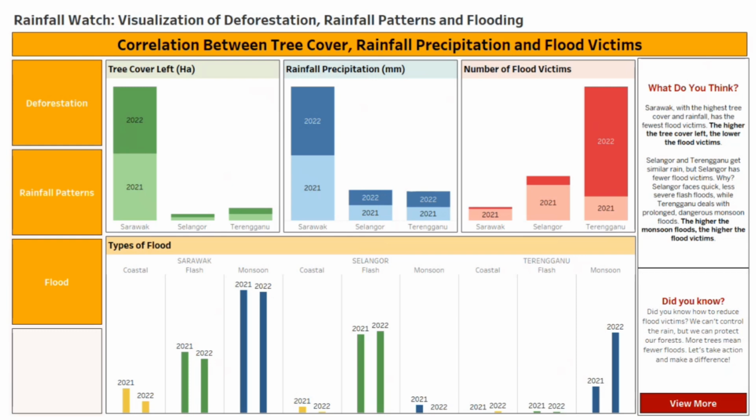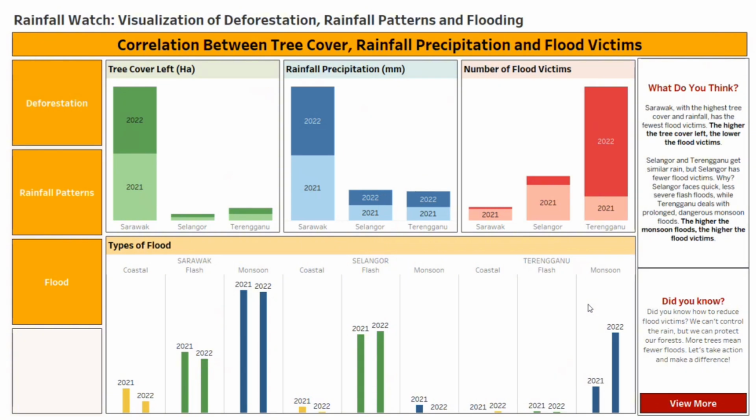The difference between these 2 types is that flash floods are less dangerous compared to monsoon floods. Flash floods only last less than 6 hours, but monsoon floods are prolonged and very dangerous and last for weeks and months. So that is why Terengganu has a higher number of flood victims.